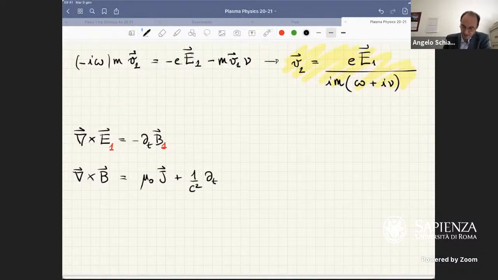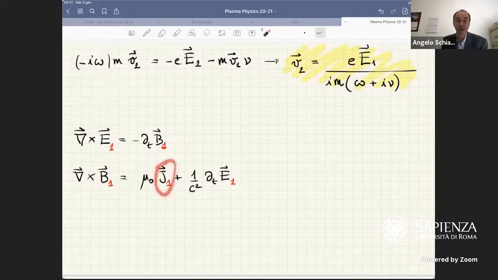And let's remember that we are working with the perturbation of all the three dynamical variables. So the magnetic field of the wave, the current density perturbation with respect to the equilibrium value, which is 0, if you remember. So J1 is linked to V1, and then we have the electric field.